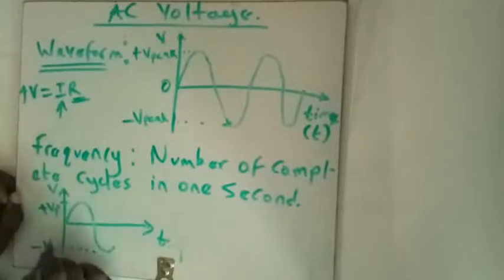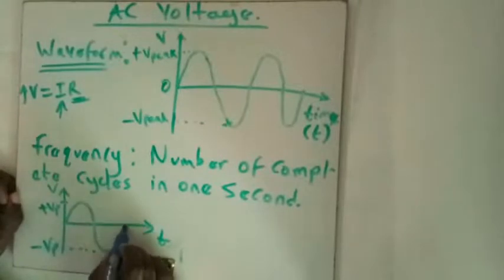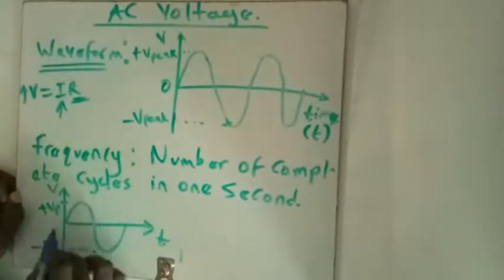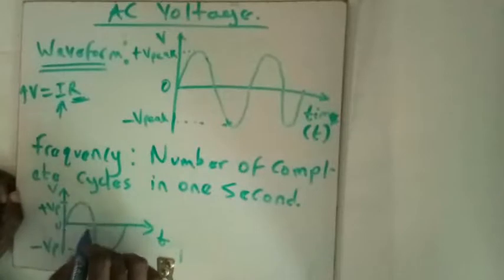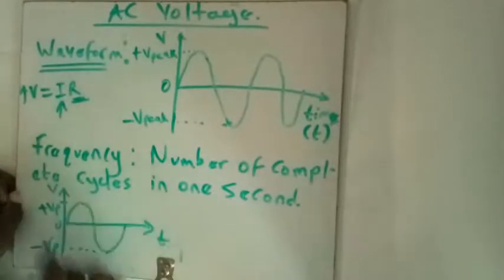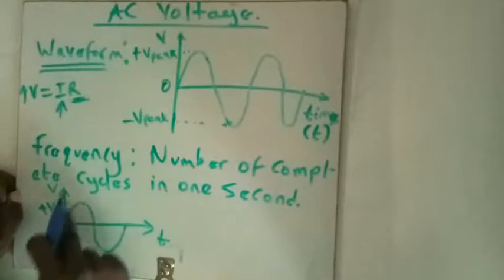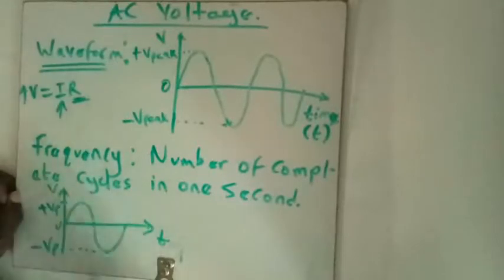This is negative V peak. I return back here. This is one complete cycle: from 0 to V peak, back to 0, 0 to negative V peak, back to 0. This is one complete cycle. So how many complete cycles you have in 1 second gives you the frequency.